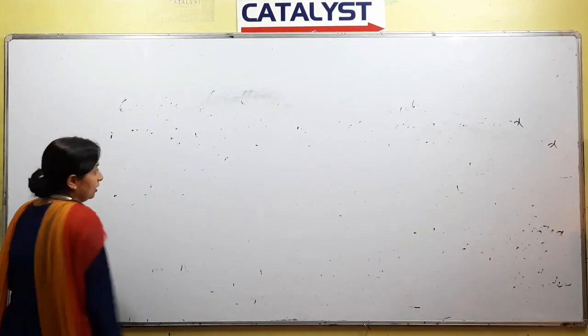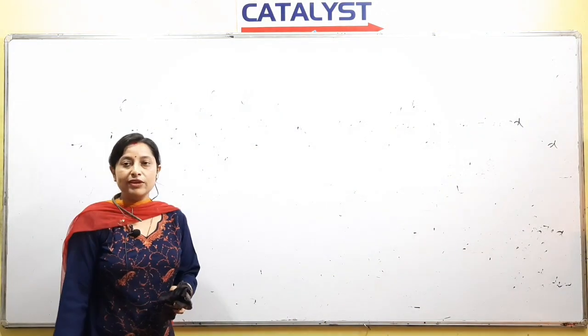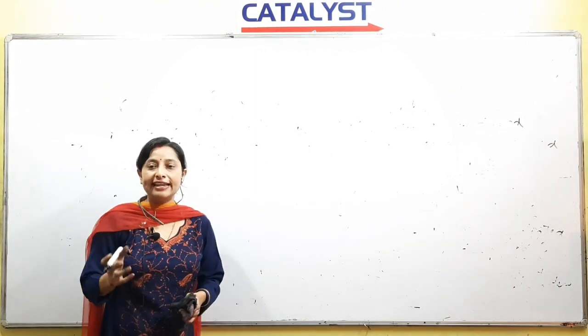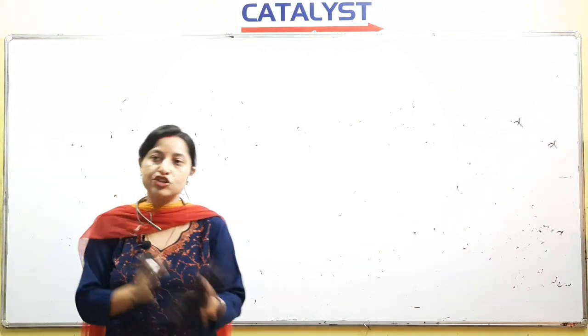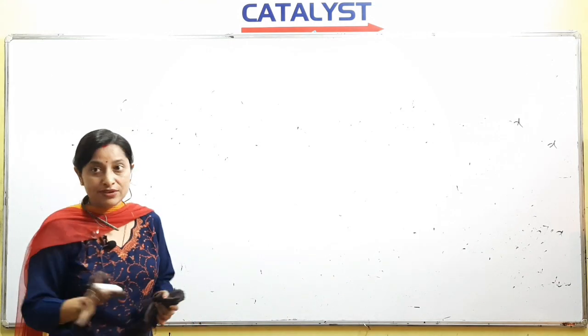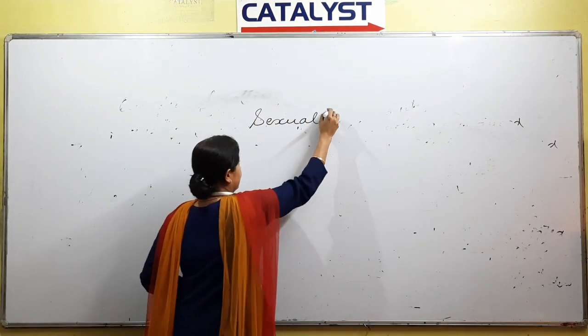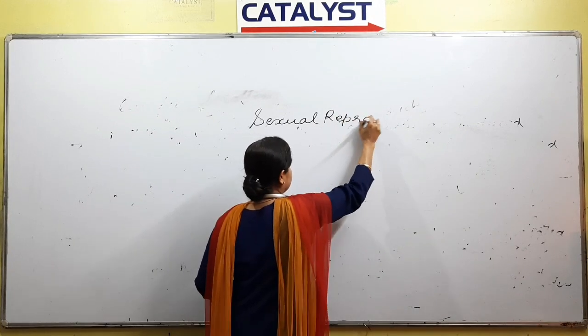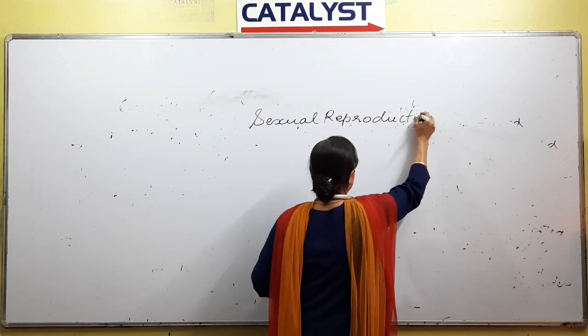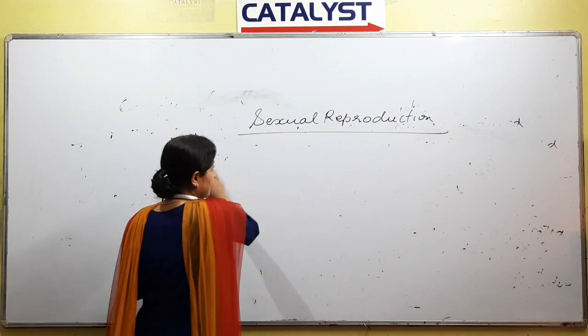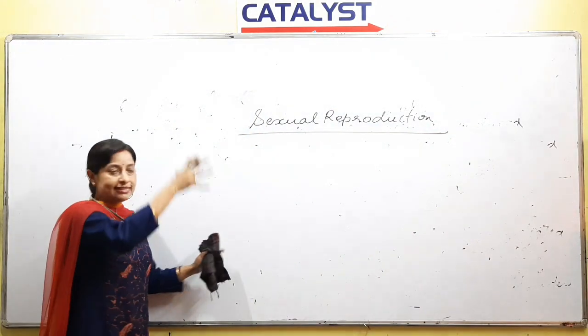So up till here we have completed asexual reproduction, and we had an idea of questions from an entrance point of view. Now we'll move to sexual reproduction, right? In sexual reproduction, there are certain points that always come to our mind.